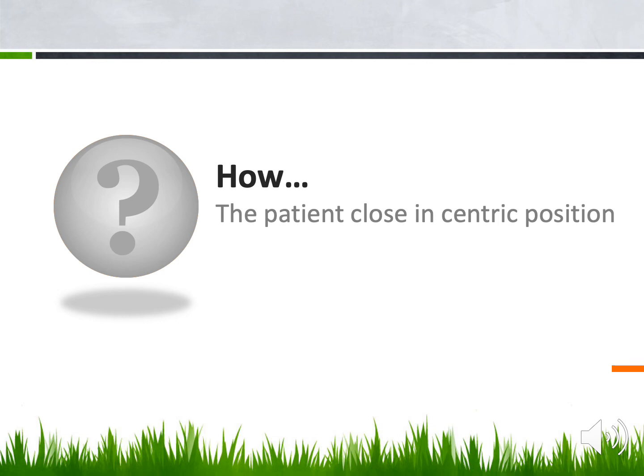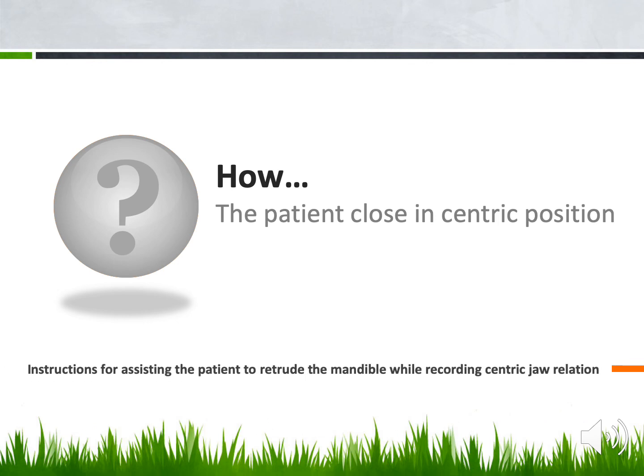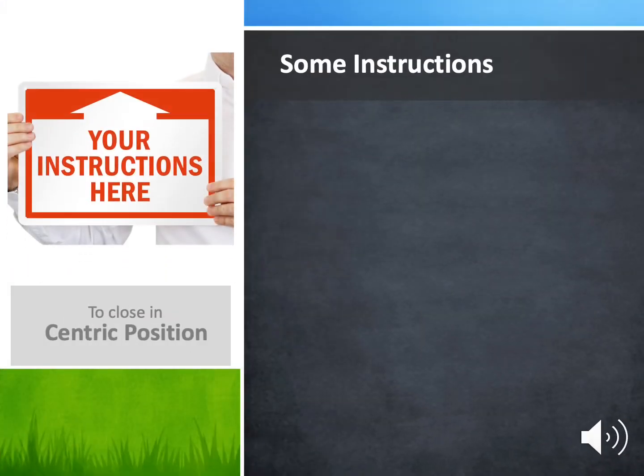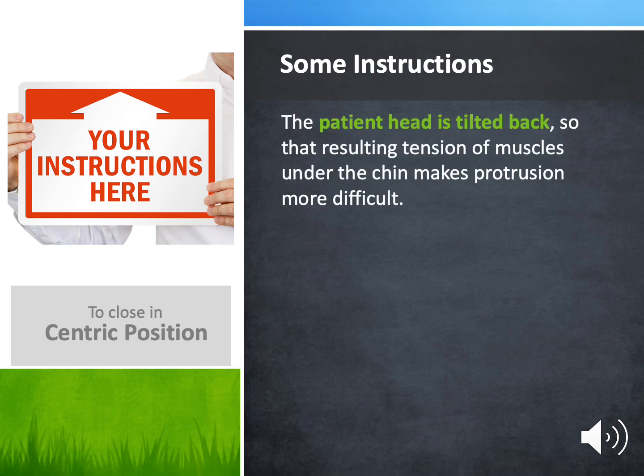How does the patient close in centric position? Instructions for assisting the patient to retrude the mandible while recording centric jaw relation. Some important instructions guide the patient to close in the centric position. The patient's head is tilted back so that the resulting tension of the muscles under the chin makes protrusion more difficult.